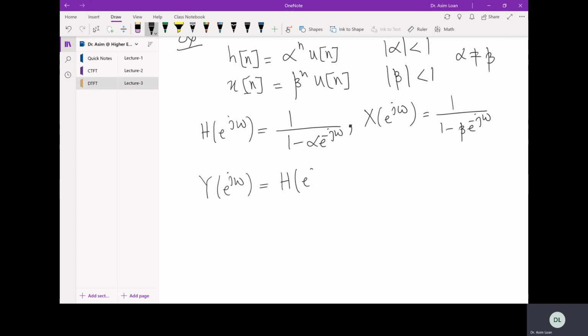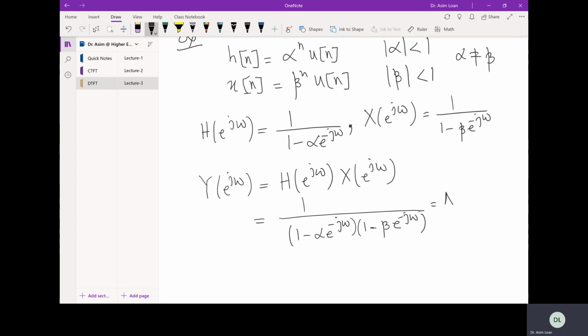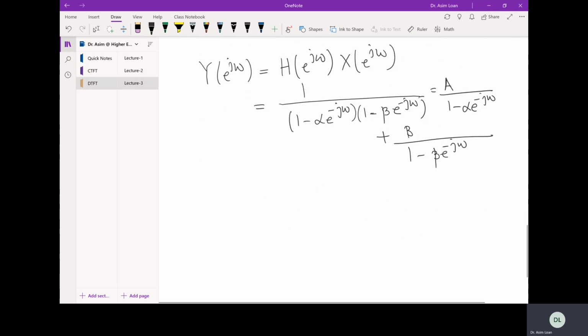And y of e^jω, which is the product h of e^jω times x of e^jω, is simply 1 over (1 minus α e^{−jω}) times (1 minus β e^{−jω}), which I can write as A over 1 minus α e^{−jω}, solved by partial fraction expansion, plus B over 1 minus β e^{−jω}.